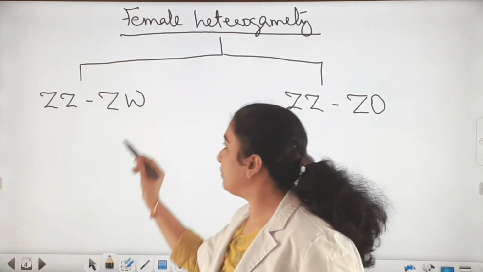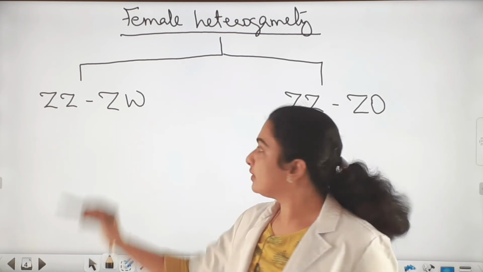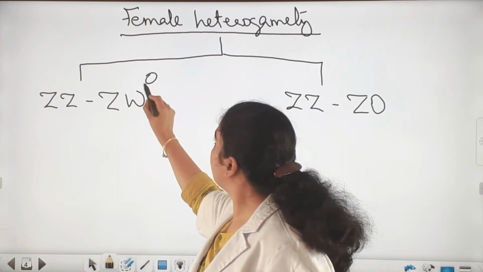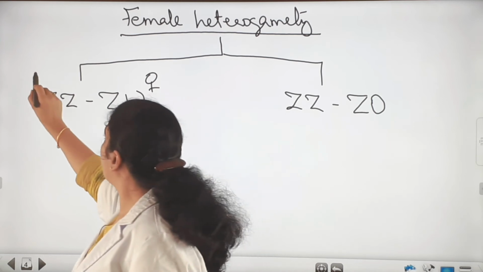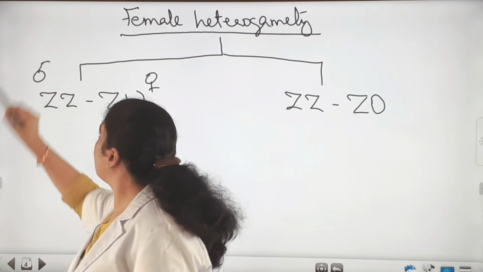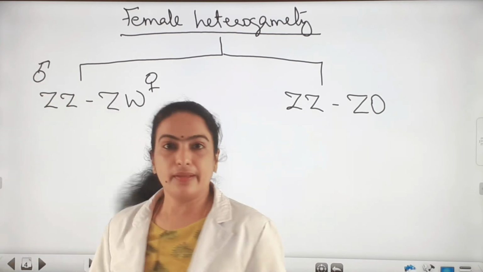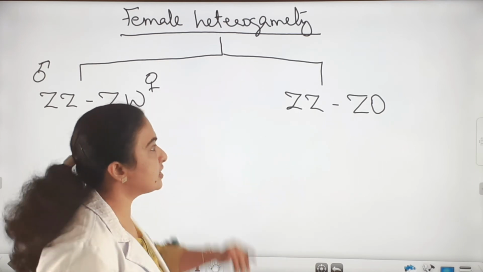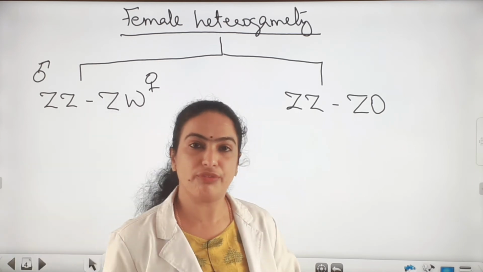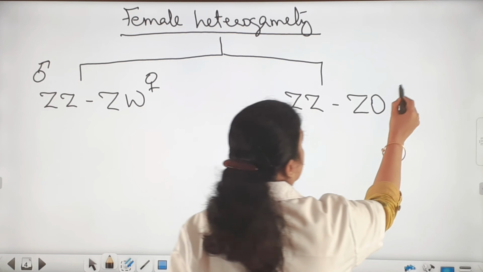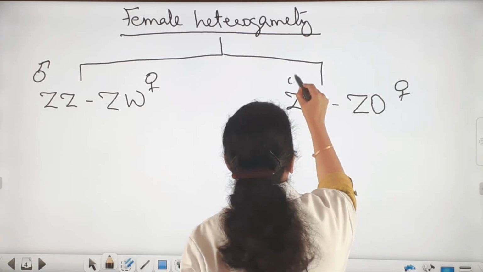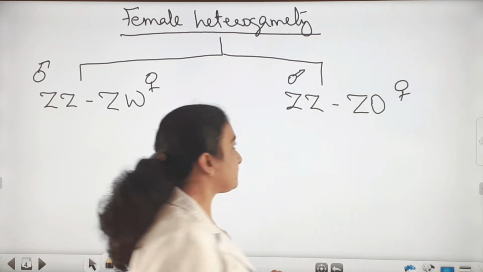So which is the female parent here? This is the female parent, right? Due to homozygosity, this is the male parent. Okay, so here which is the female parent? This is the female and this is the male.